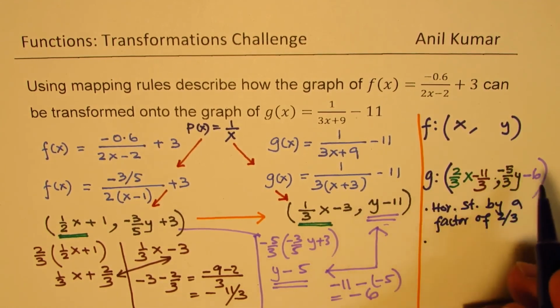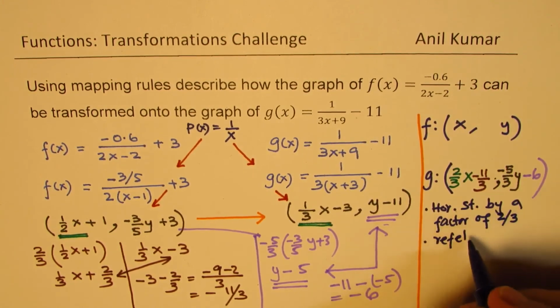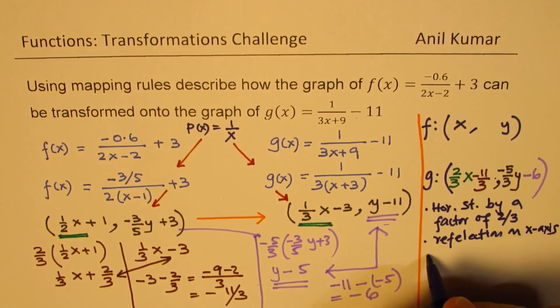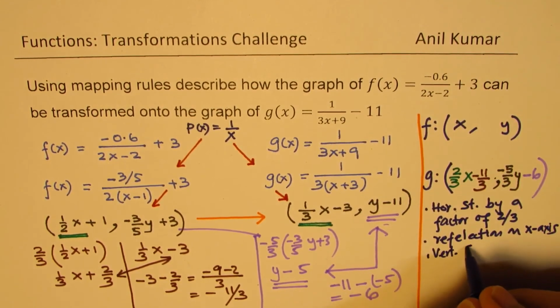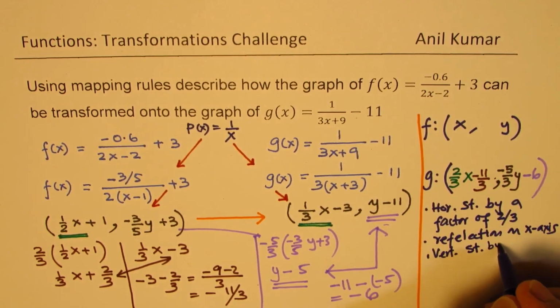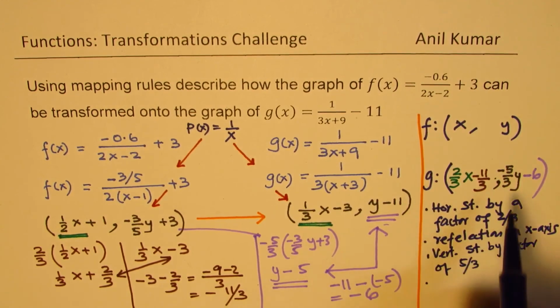We should write vertical first. Reflection on the x-axis, this is vertical. Then vertically stretched, I'm writing in short form, by a factor of 5 over 3, and then we'll write translations.